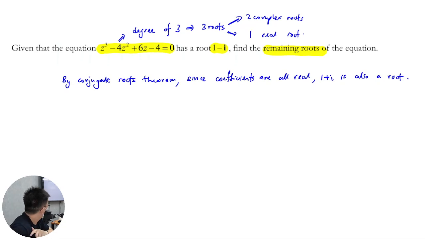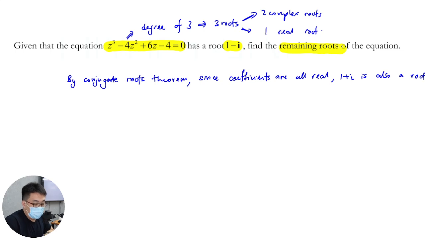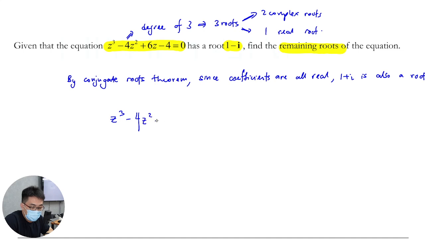Now, you know that z cubed minus 4z squared plus 6z minus 4 can be written as 3 linear roots, right?